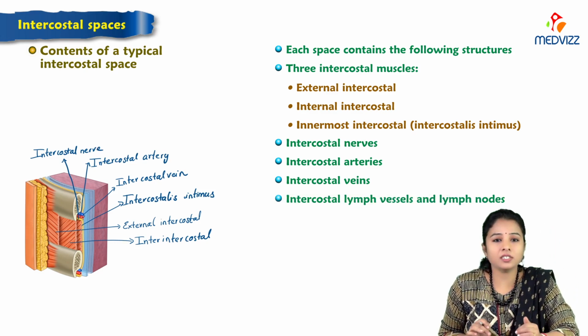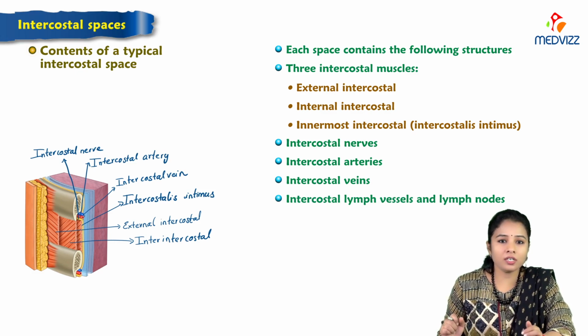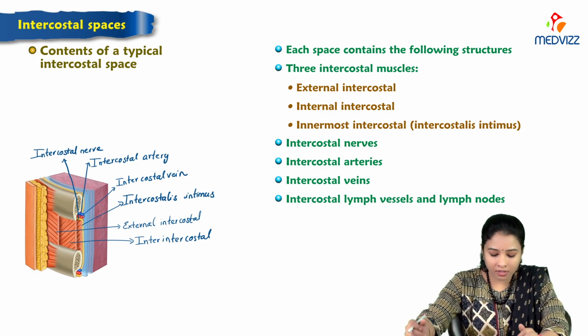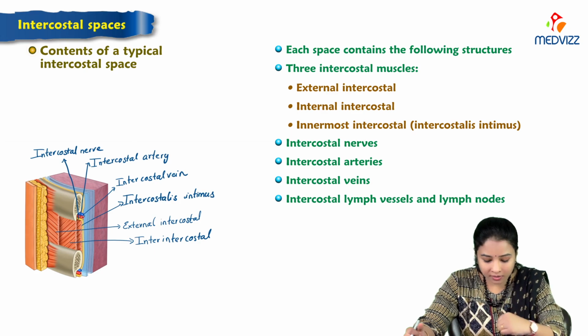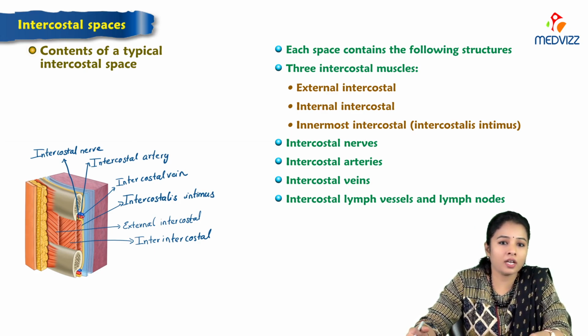These are present in a typical intercostal space, and they are the typical intercostal nerves and blood vessels. All these 3 structures, the vein, artery and nerve, together form the neurovascular bundle.